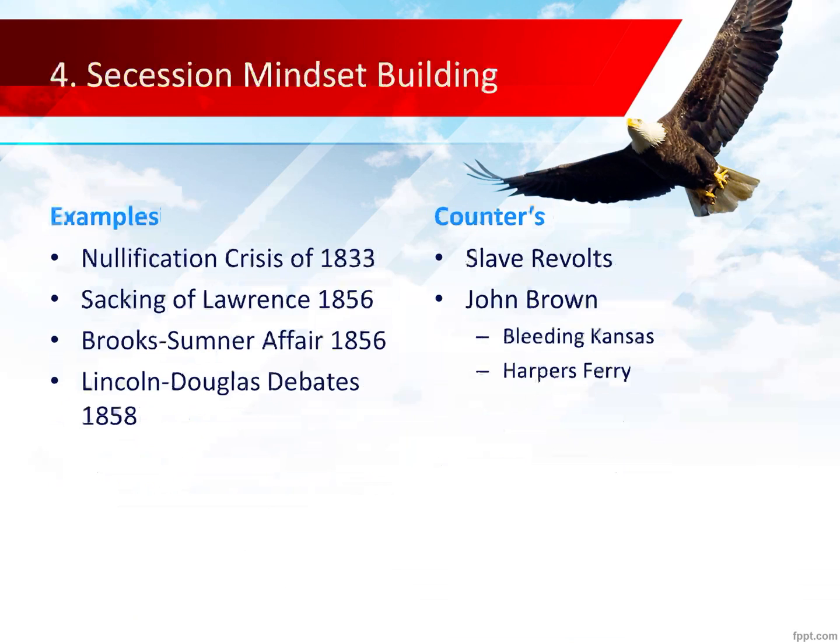You have the Brooks-Sumner affair, where literally you're going to have one U.S. senator get beaten by a cane by another U.S. senator. That happened just before the Civil War.